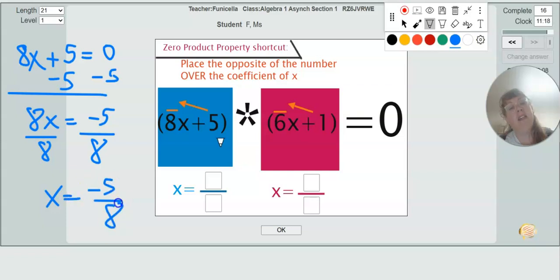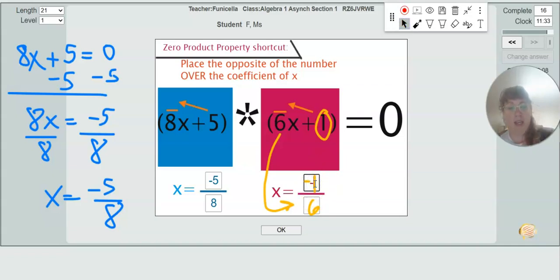And we have x equals negative 5 over 8. Using our little shortcut method, we take this 1 and we make it a negative 1, and then we put it over 6. So we have negative 1 over 6. Beautiful. Hit OK when you're ready.